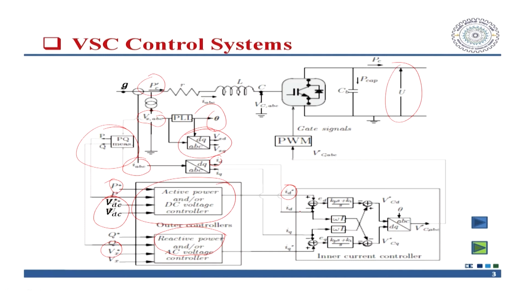Thereafter, you will feed this error into the PI controller, and in the same way there will be a cross term. So D will be multiplied with omega L and subtracted from Q, but both are subtractions, so ultimately it is an addition.